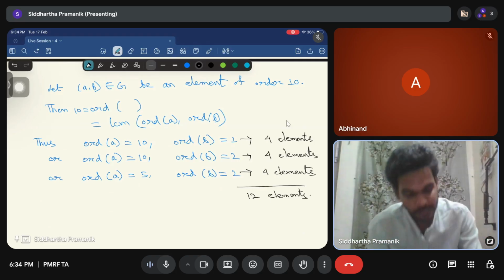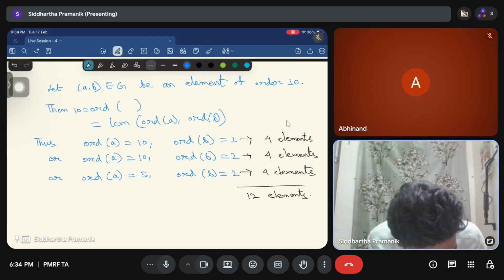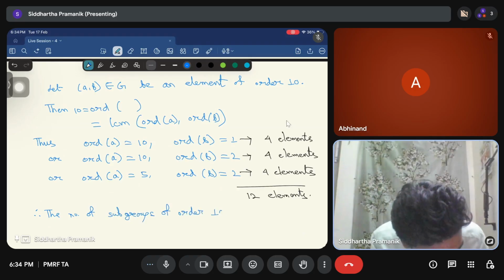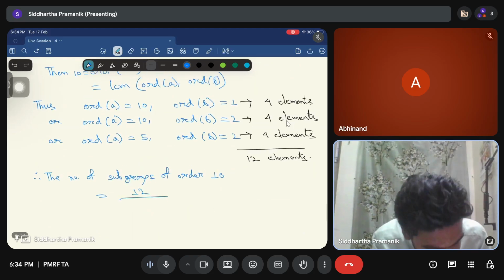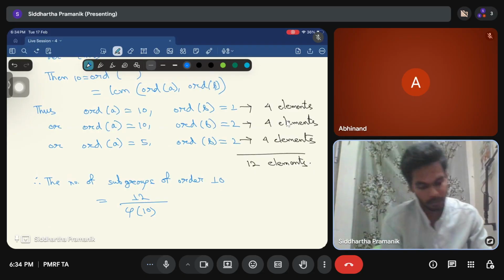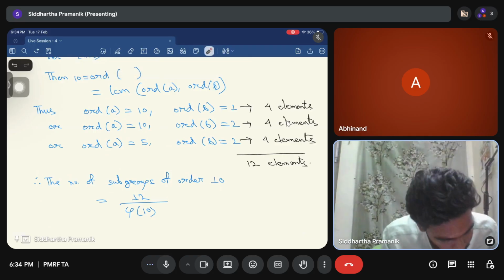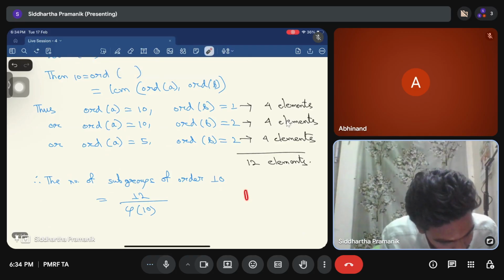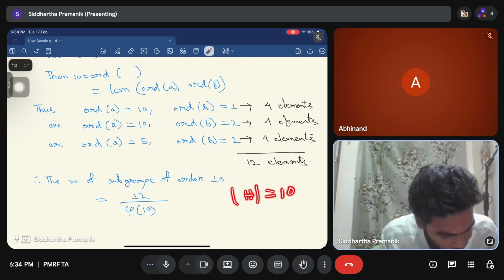Now from this, the number of subgroups of order 10 is basically you just take the number of elements and divide it by the number of generators. We are finding the number of subgroups H whose order is 10 and H is cyclic.